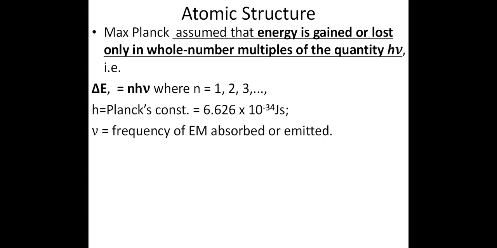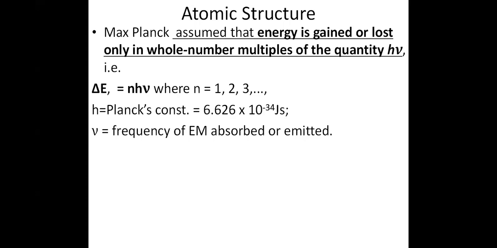So n will be either 1, 2, 3, and so on in whole numbers, where h is Planck's constant, which is 6.626 times 10 to the power negative 34 joule seconds, and v is the frequency of the electromagnetic energy absorbed or emitted.